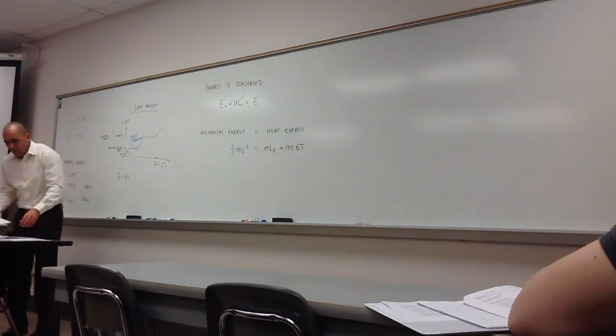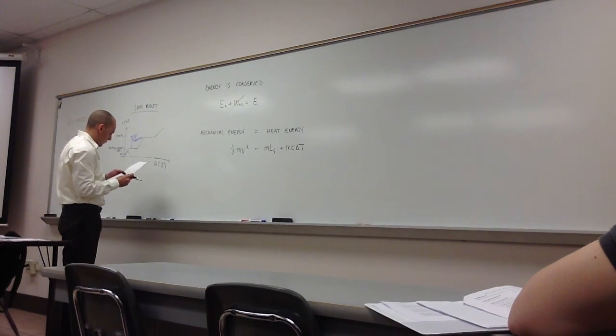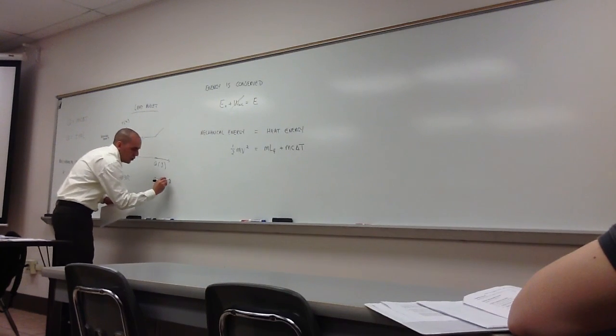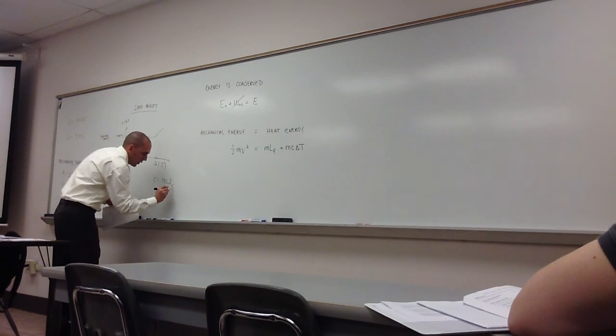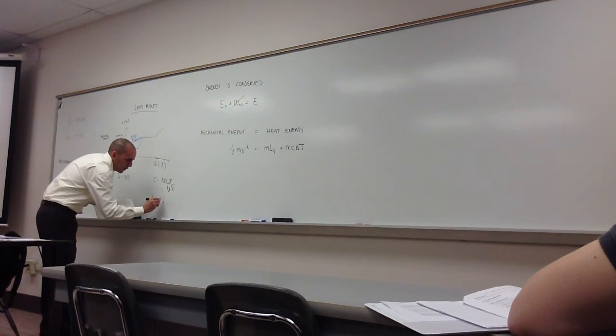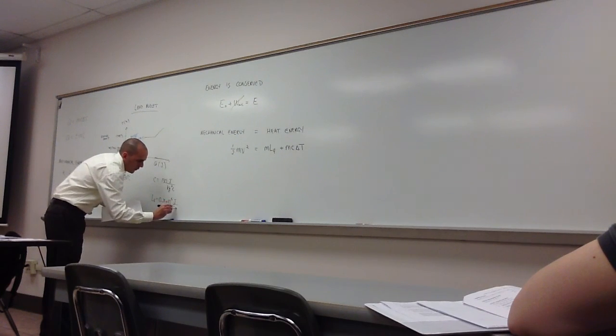So let's get some numbers here for specific heats. The c is 130 joules per kilogram per degree Celsius. The latent heat of fusion is 0.25 times 10 to the 5th joules per kilogram.